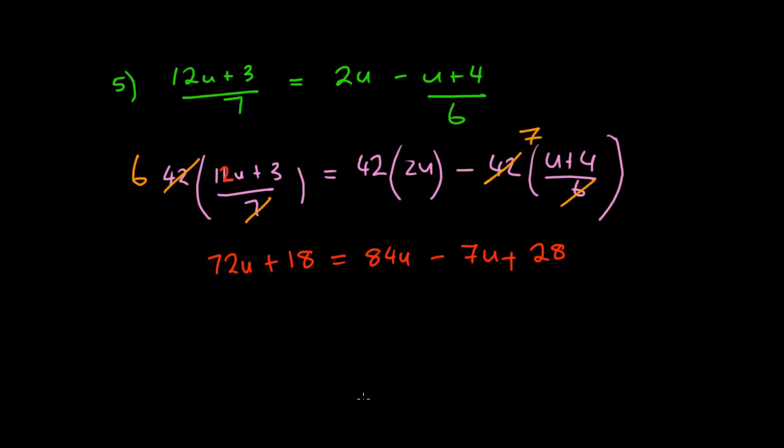Look at that. That's a really tough question. So now we want to simplify things where we can. Well, we've got 72u plus 18 equals, what's 84 take away 7? 84 take away 7 is going to be 77u.